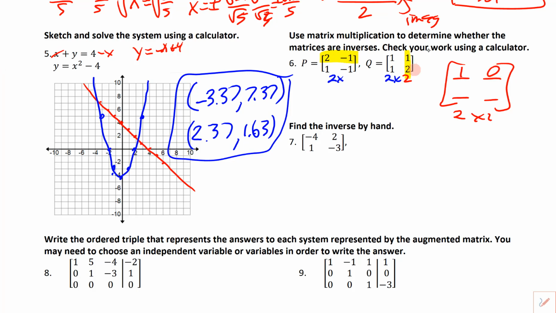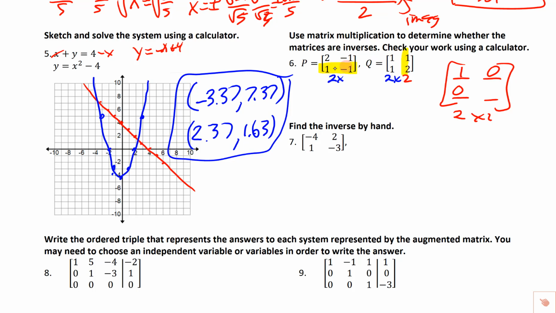And then it's going to be the second row, first column here. So we're going to take the second row and multiply it with the first column. So this is a 1 and this is a negative 1. So we end up with a 0 on that. And then this is second row, second column. So I'll take the second row and multiply it by the second column.